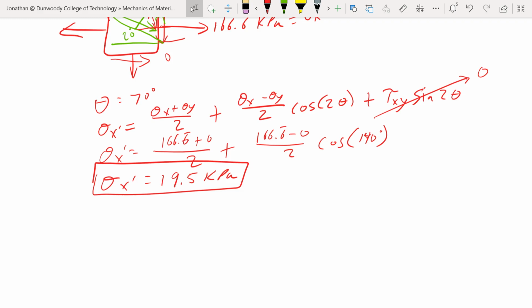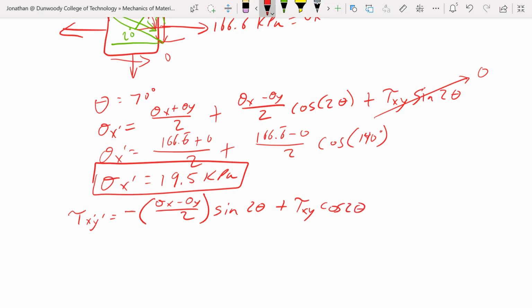Now we need tau x prime y prime. That transformation was negative sigma x minus sigma y over 2 times sine 2 theta plus tau xy cosine 2 theta.